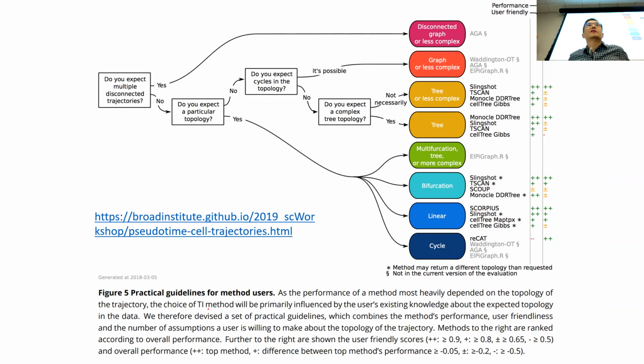And then they give practical guidance for choosing which method you want to use, whether your cell population is relatively homogeneous or more complex, whether you consider a bifurcation tree or not. So you have different options at the end.